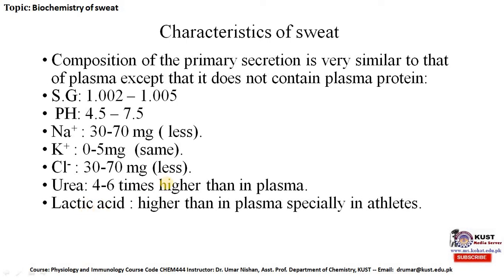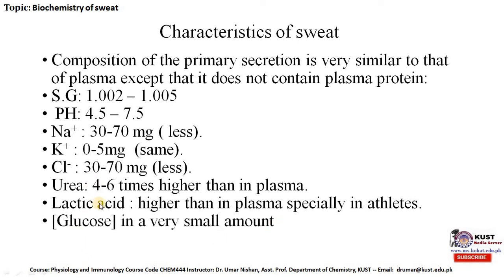So this is why it is higher than in plasma, especially in athletes. In normal circumstances, we may not produce a lot of lactic acid, but athletes do pass through a higher level of anaerobic respiration, resulting in production of a greater amount of lactic acid, which is then reflected in the sweat in higher amount.